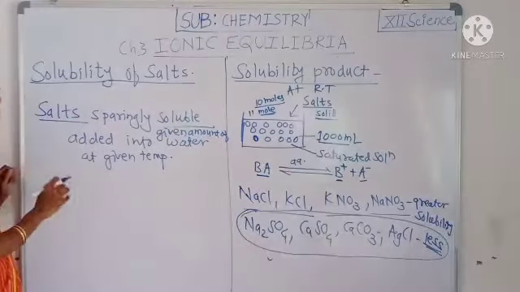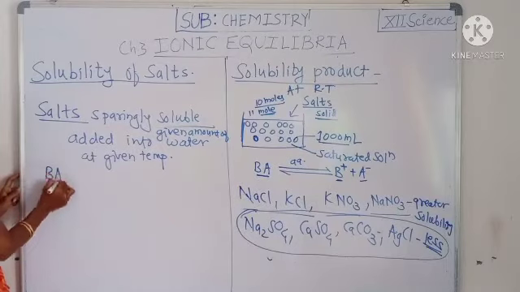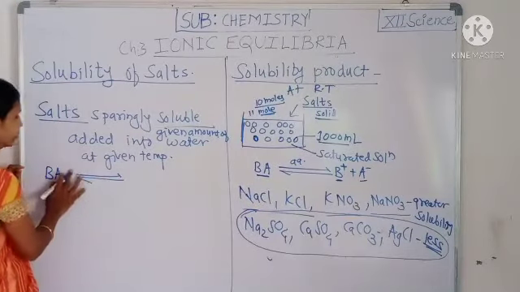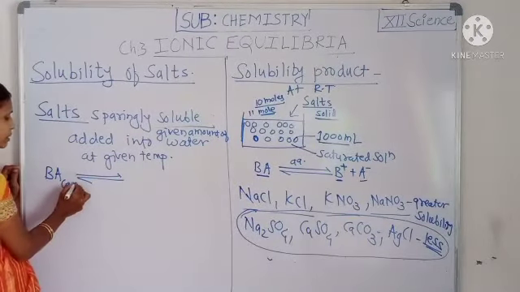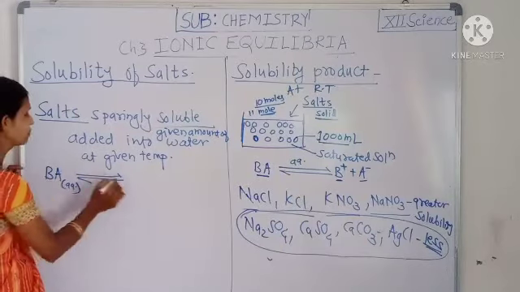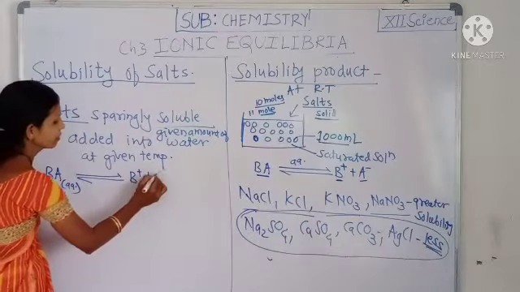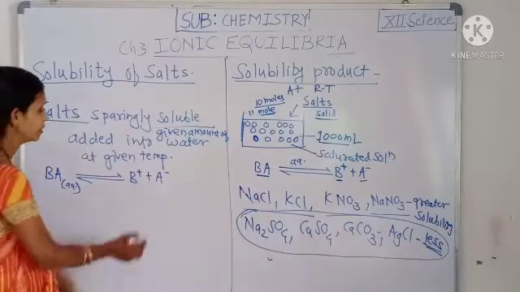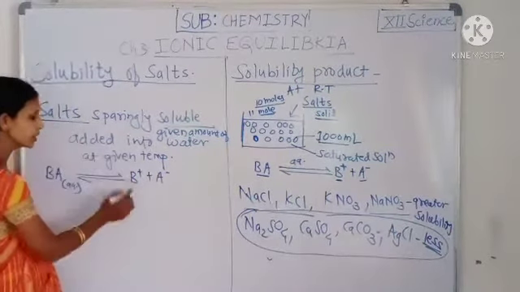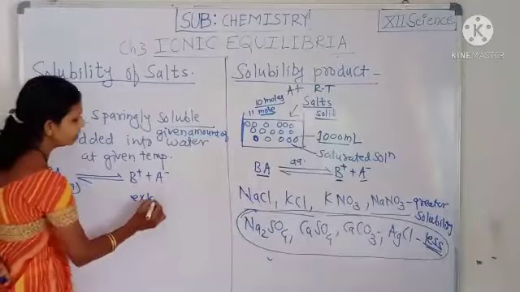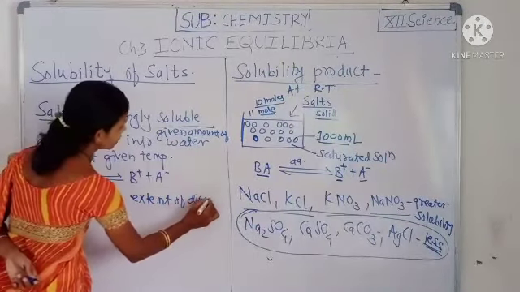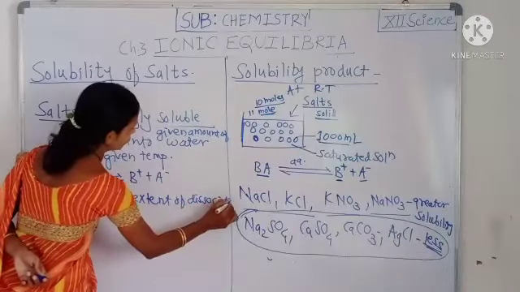Suppose there is a BA type salt which is sparingly soluble. When dissolved in a given amount of water in aqueous medium, it dissociates into its ions, but the extent of dissociation is very less.